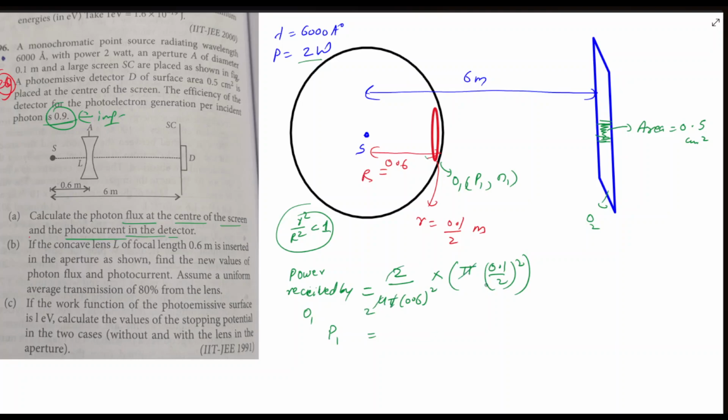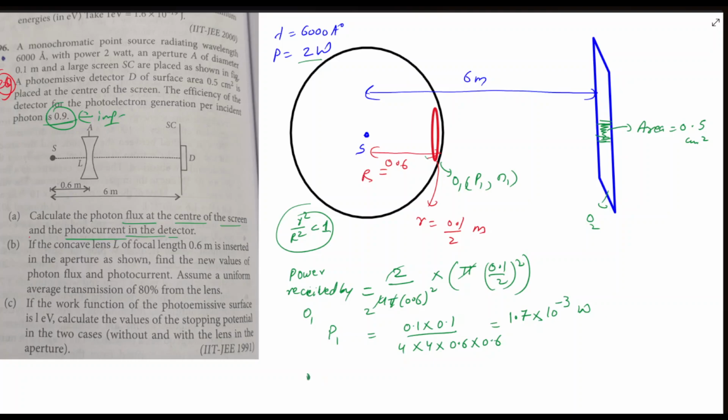This will be 2, so this will be 0.1 into 0.1 divided by 4, and this will be 4 into 0.6 into 0.6. If I use the calculator really fast, we get 1 divided by 16 and divided by 36, so we will get 1.7 into 10 raised to power minus 3 watts.